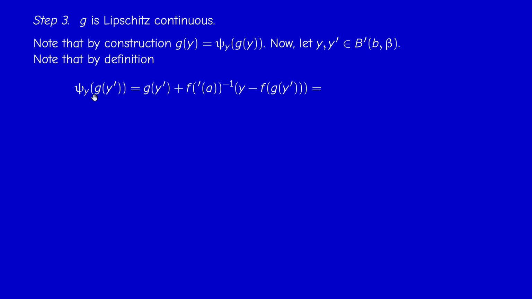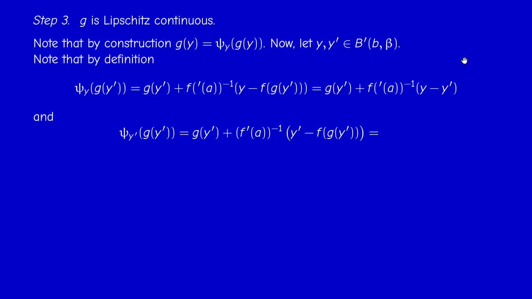Now, if you go back to the definition, psi y of x is just x plus f prime of a inverse of y minus f of x. So just replace x by its value. And f of g of y prime is by construction just y prime, as you observed.